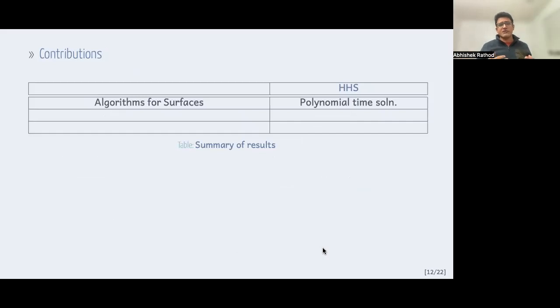So as our first result, we have a polynomial time algorithm for computing the minimum homological hitting set for surfaces. As a second result, we show that the problem is W1 hard, and hence also NP hard for general complexes. By the way, it's W1 hard with respect to the solution size, which is also called the natural parameter.